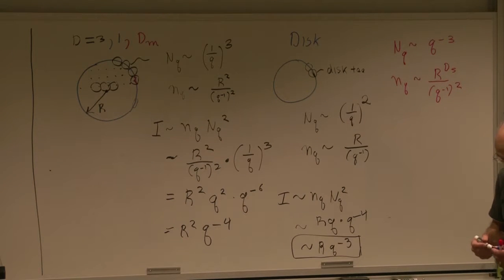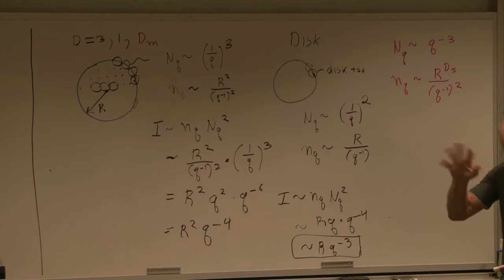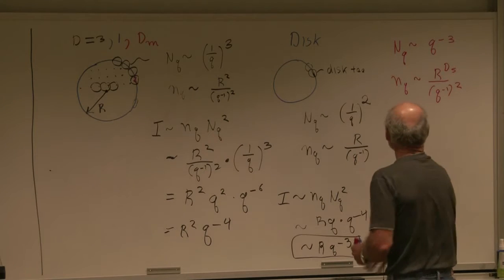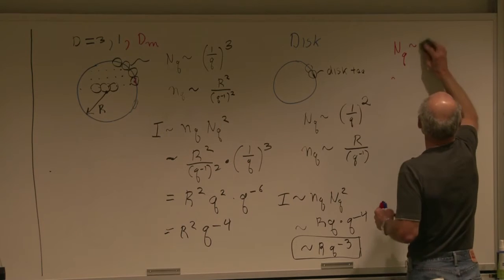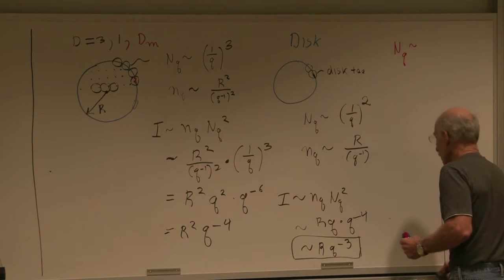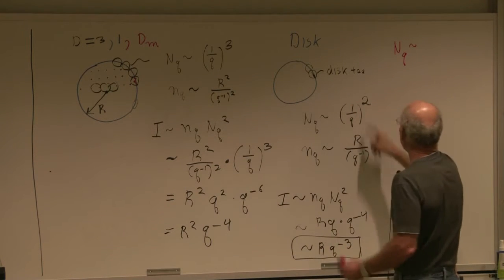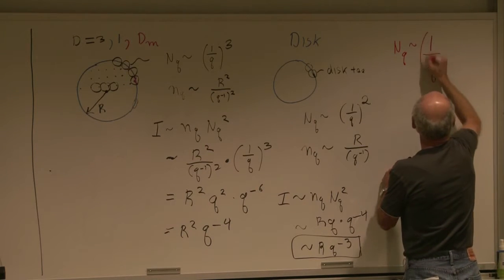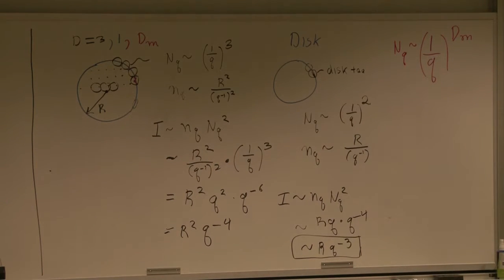Okay. Now we boldly go, not so much thinking fractal and roughness and all that sort of stuff, but just to generalize dimensions of dm and ds, and we can see that we're going to get just like we did here, right? Cubed, squared, 1 over q to the dm. Correct?